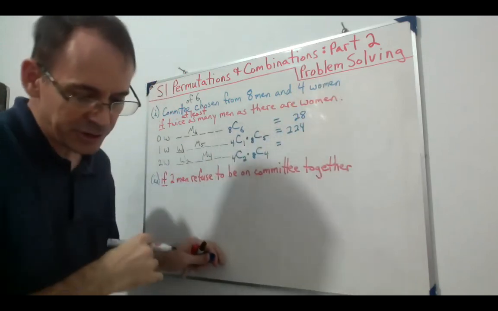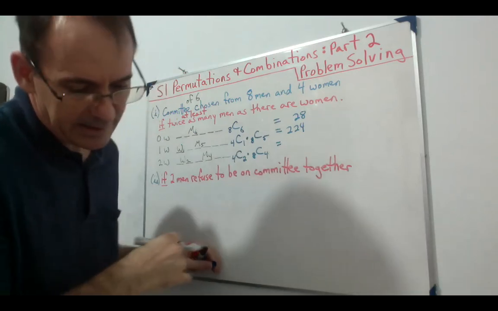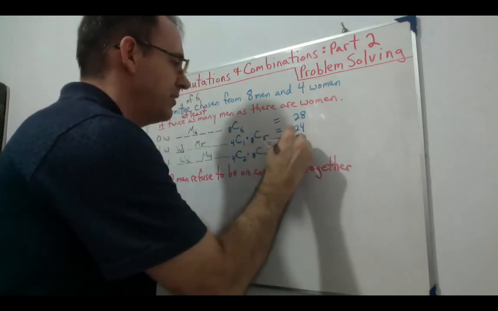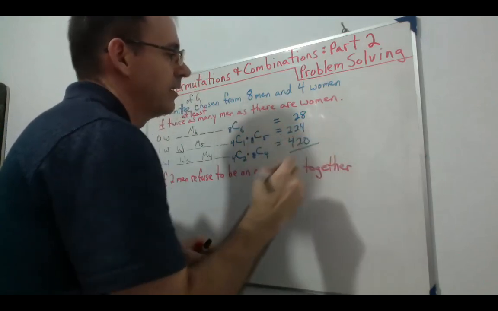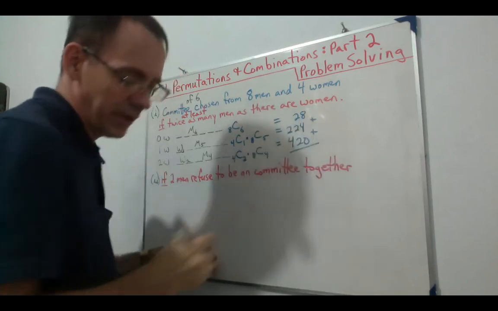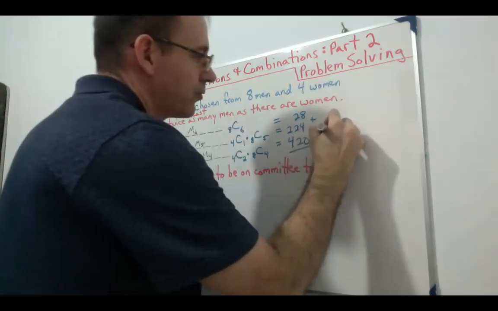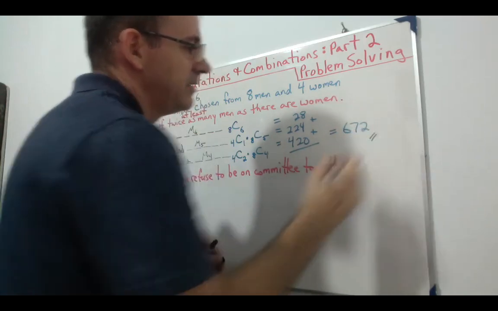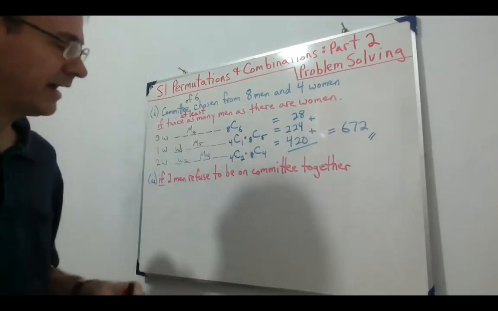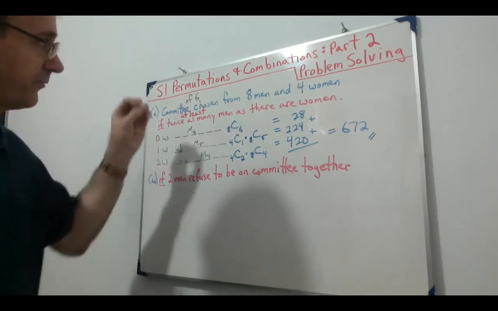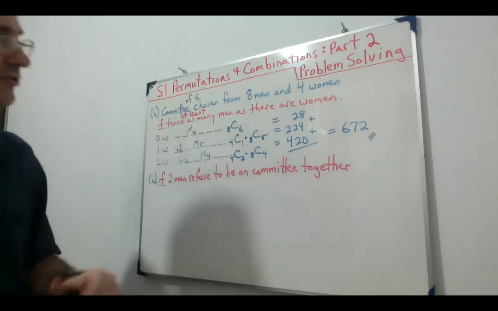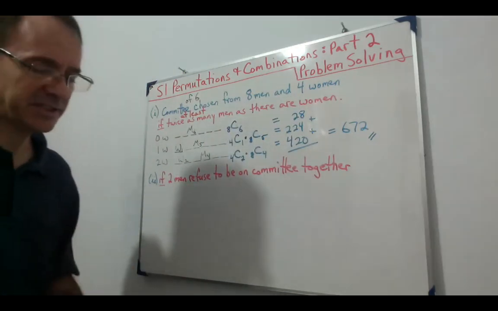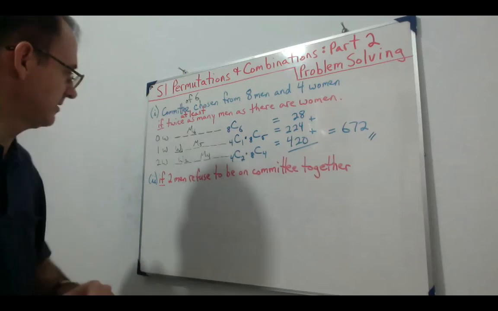And when we have 4 choose 2 and 8 choose 4, that gives us 420. So when we add these all up, it gives us a grand total of 672 different 6-people committees that can be chosen from 8 men and 4 women, with the restriction that there has to be twice as many men as women.